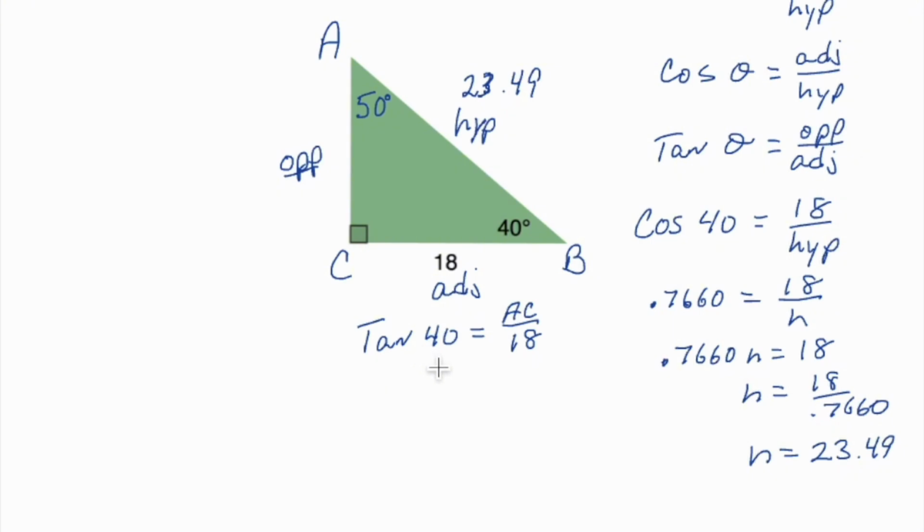The tangent of 40 degrees is 0.8339 equals AC over 18. And we just multiply 18 times 0.8339, and we find out that AC is about 15.1. So technically we are done right now, and we have all the parts of the triangle here.